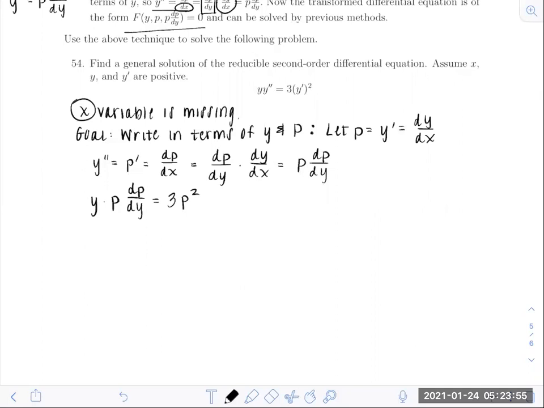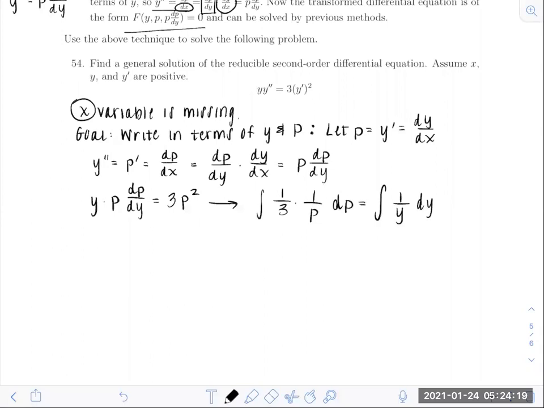This is a separable differential equation. So I'm going to move all the p's to the left and all the y's to the right. So that's going to leave us with 1/3 times 1 over p dp, and that equals 1 over y dy.